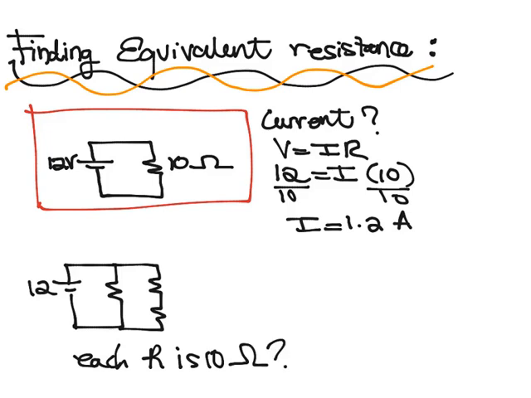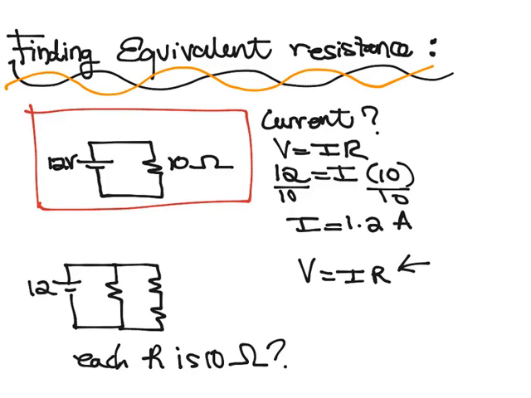So the question is, if you had this circuit with 3 resistors, each having a resistance of 10 ohms, if you wanted to use the equation V equals IR, what R would you put in?